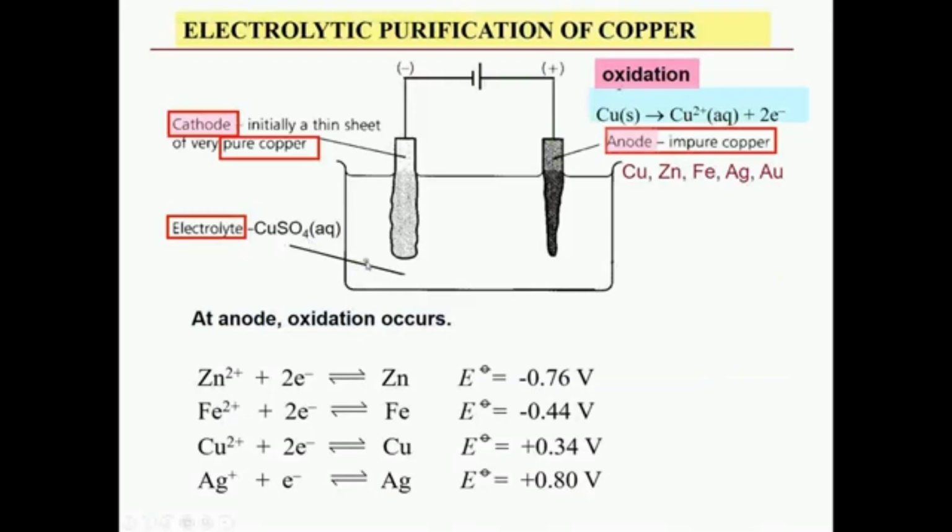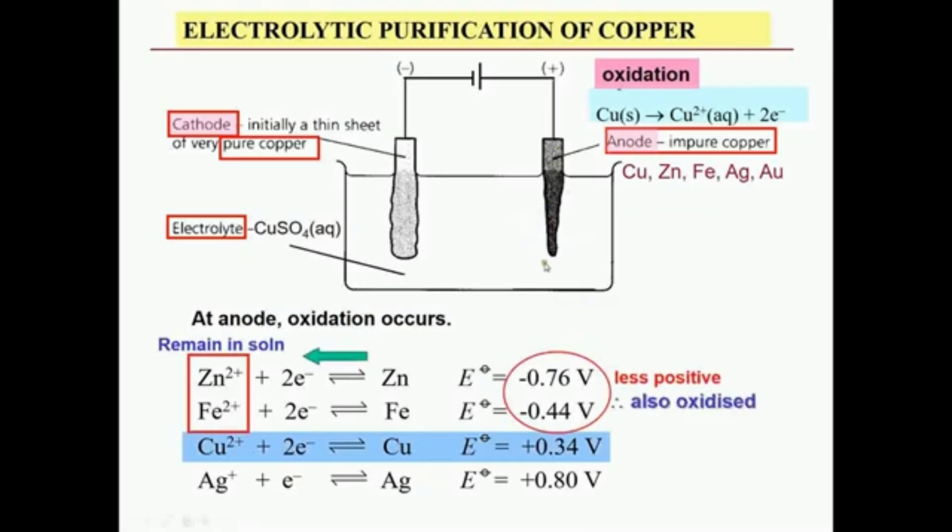Now at the anode, where the impure copper is, oxidation occurs. So we have copper oxidized to give copper 2+ ions. Hence copper from the impure anode will go into the solution as Cu2+ ion. Impurities in the anode that have an E naught value less positive than 0.34 volts will also be oxidized.